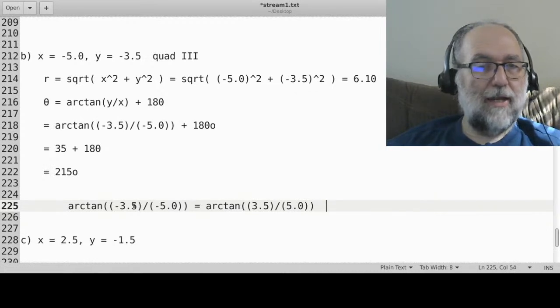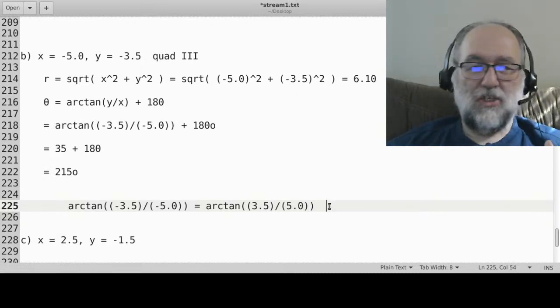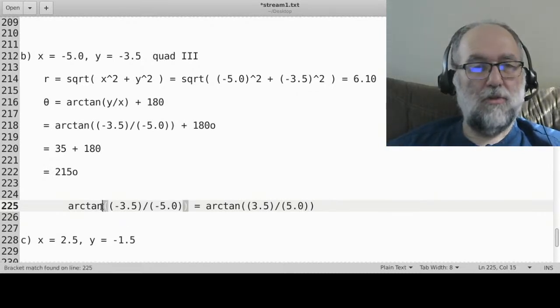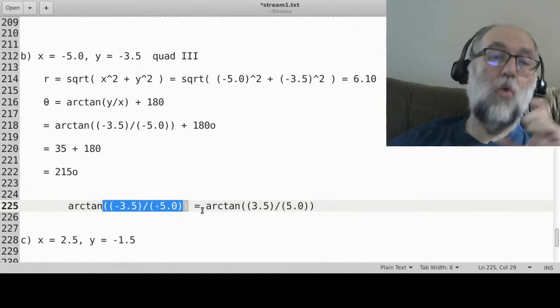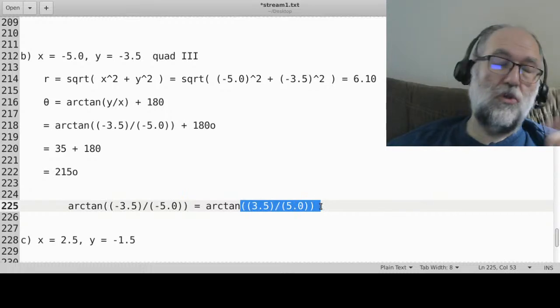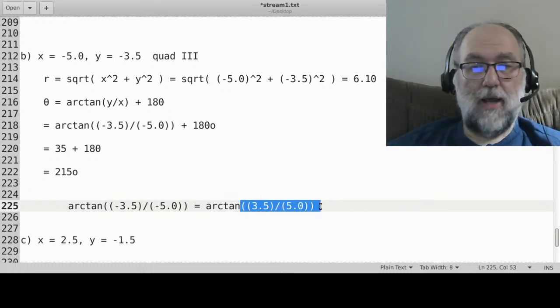See, the negative signs cancel there. And because those negative signs cancel, when you do the arctangent, it can't tell the difference between quadrant 3, which has both the numerator and denominator negative, and quadrant 1, which has both the numerator and the denominator positive.